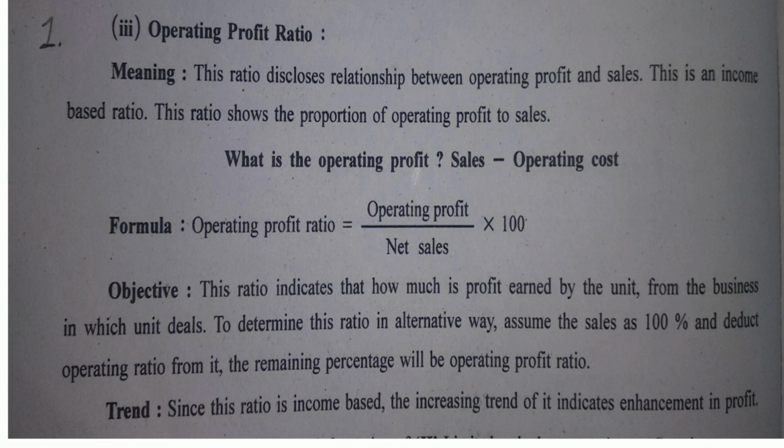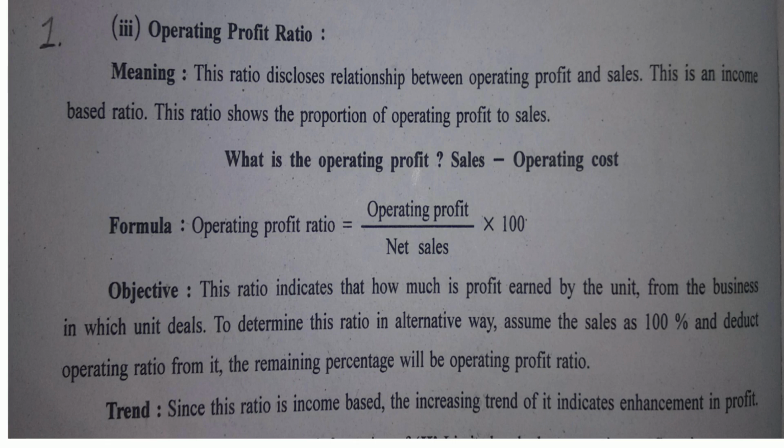Let us understand the meaning. This ratio discloses relationship between operating profit and sales. As the definition itself clarifies, it is a relationship between 2 accounting figures. This is an income-based ratio. If you remember, the ratio that we have studied previous to this was cost-based ratio.